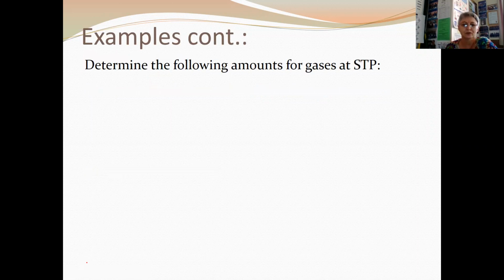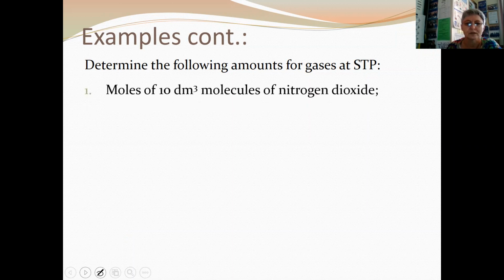Right, we're going to go to the next level where we determine the following amounts of gases at STP. And I think the question has 3 or 4 different ways of asking it. The first one is that we need to calculate the moles of 10 cubic decimeters of nitrogen dioxide.